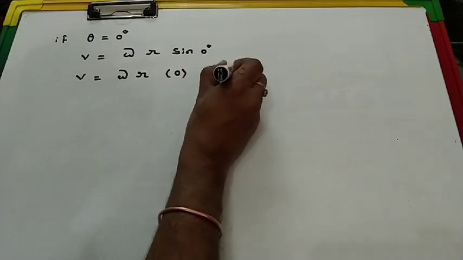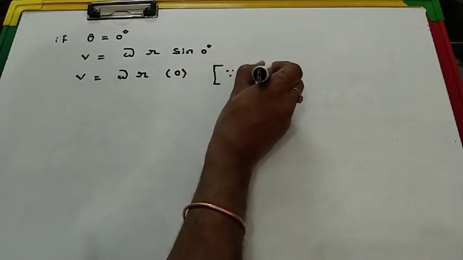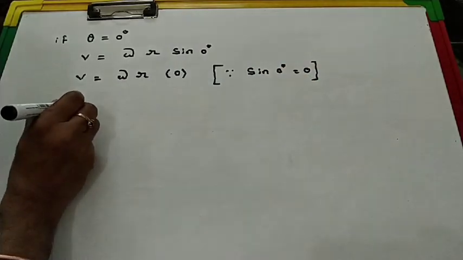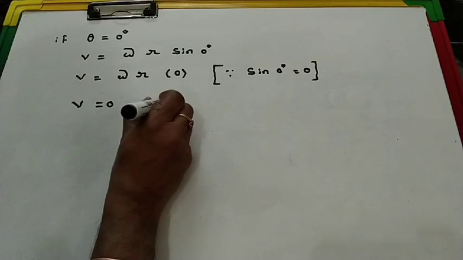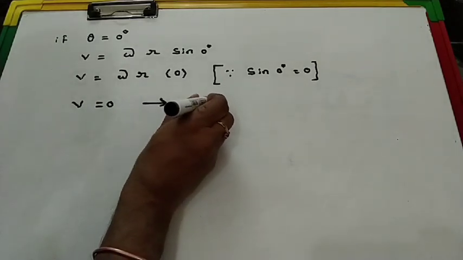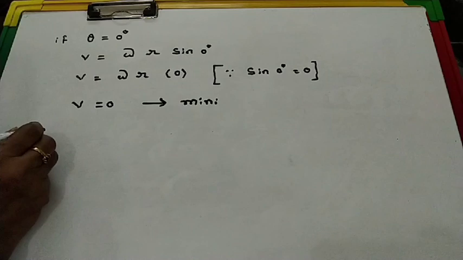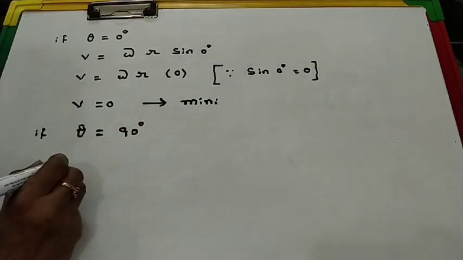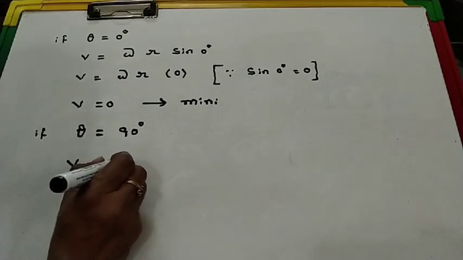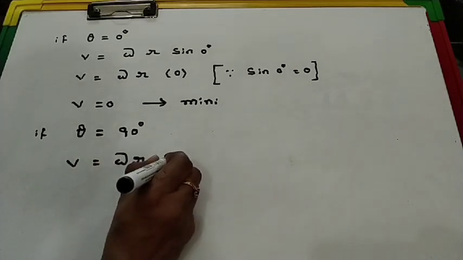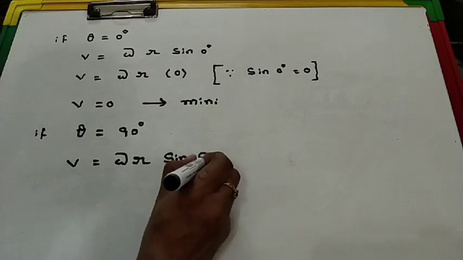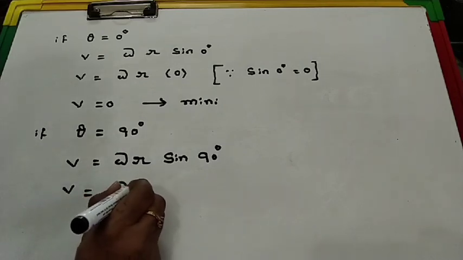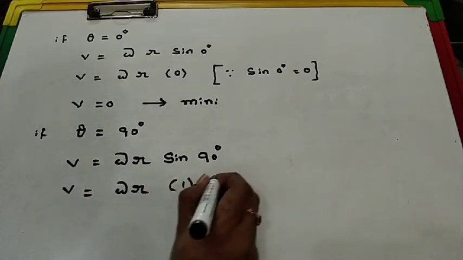Since sine 0 is equal to 0, V is equal to 0. That means velocity is minimum. Next case, if theta is equal to 90 degrees, then V is equal to omega r sine 90 degrees, which is omega r into 1.